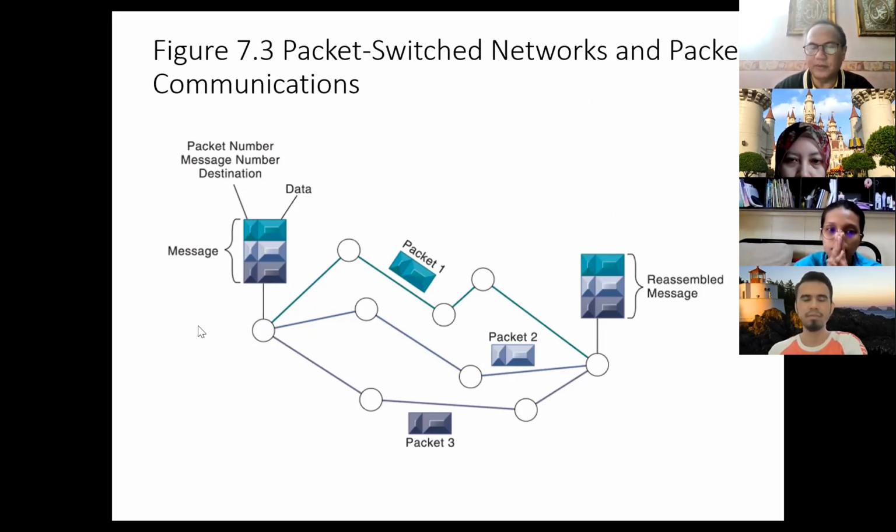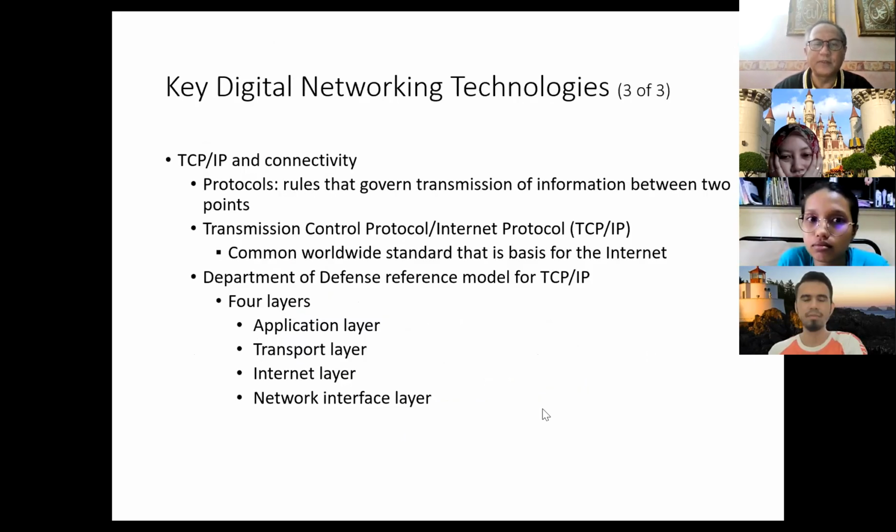In such a way it makes it faster for the data to be transmitted from one end to another end, and there is a method to ensure that it is able to reassemble all the data together again.